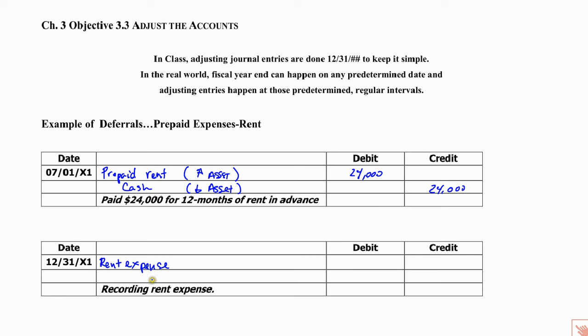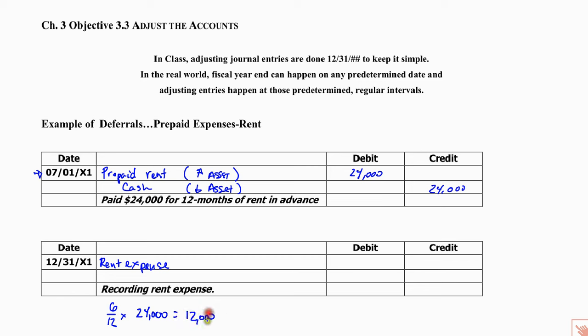If we had paid cash on the day it was actually like the end of the month or the end of the year, that might be a normal journal entry, but we're doing an adjusting journal entry based on the fact that we paid here on July 1st. So how many months of rent expense did we incur? You have July, August, September, October, November, December. 6 months out of 12 months in a year, and you had $24,000 for a year.